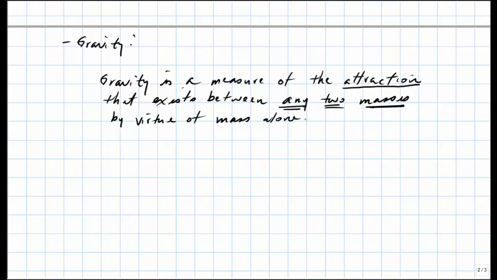In other words, the Earth doesn't have to be part of the gravity equation. Any two masses have what's called a gravitational attraction between them.